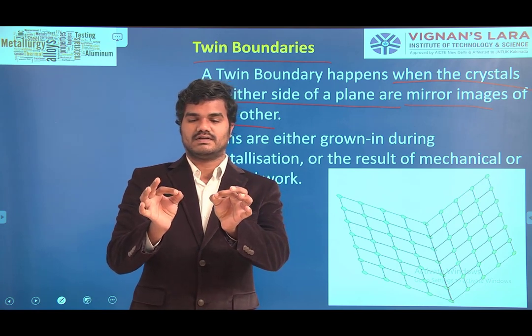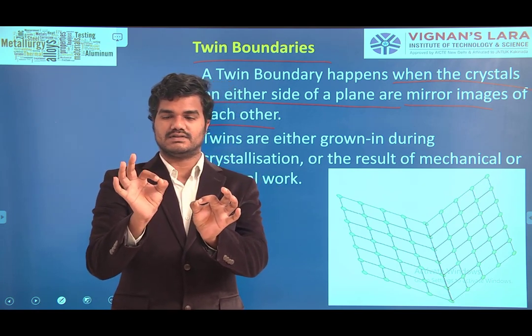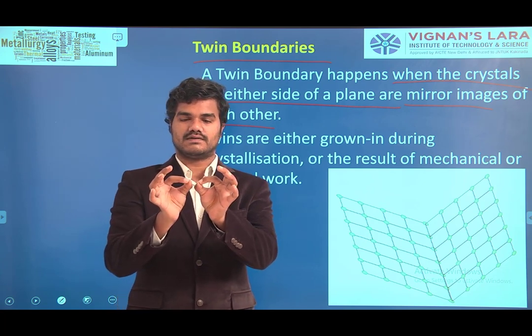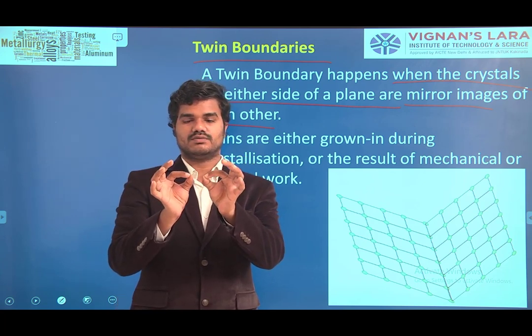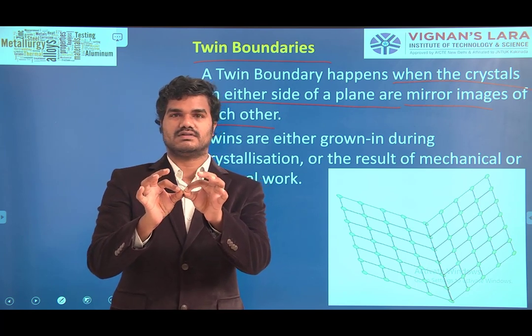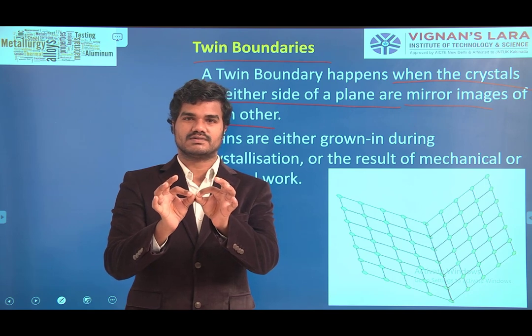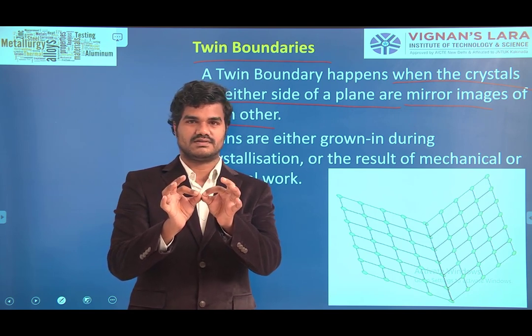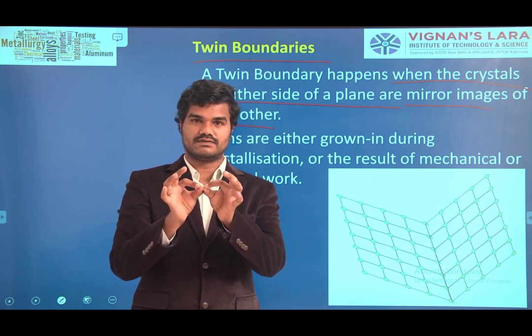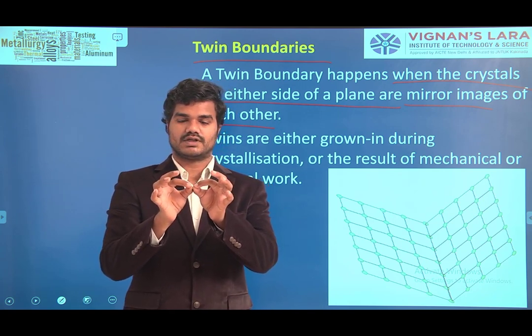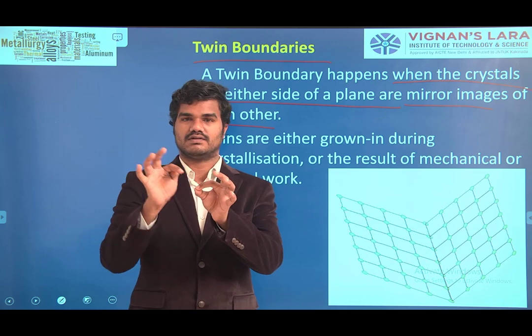Both are of the same size and shape, but both are just in proper alignment, so they appear like mirror images. So what is the boundary of these two? This is one boundary, this is another boundary. So by combination, what is the boundary?